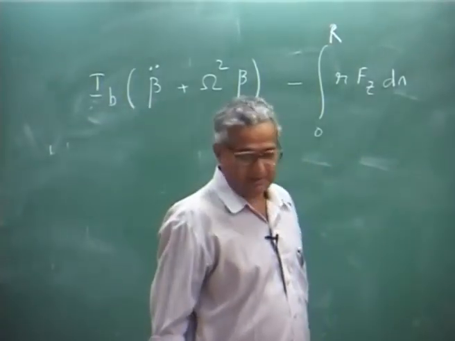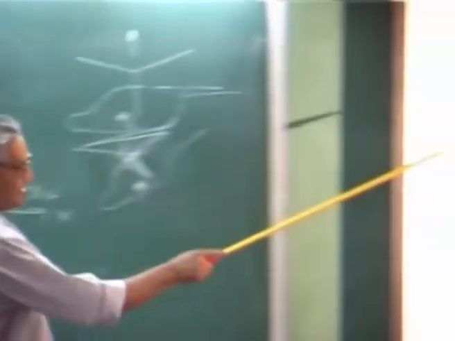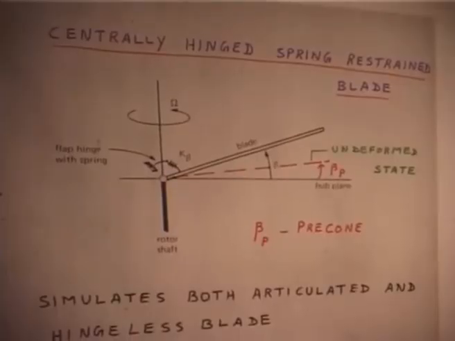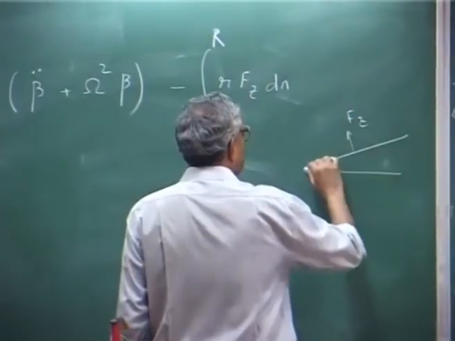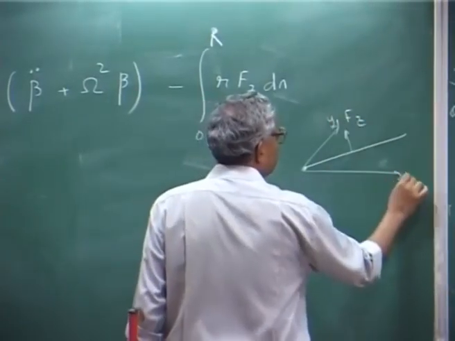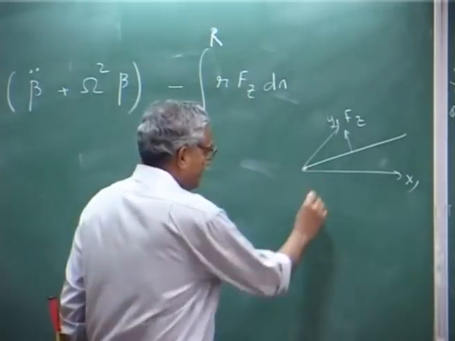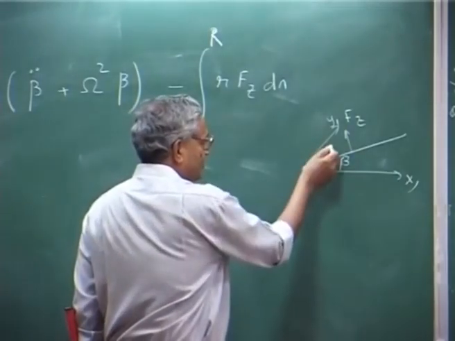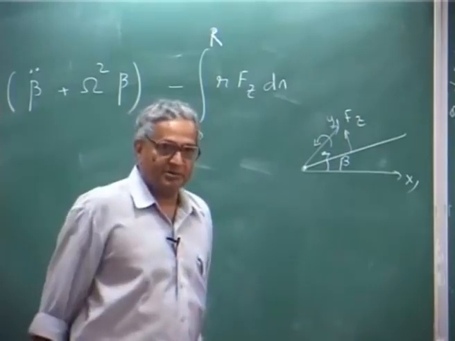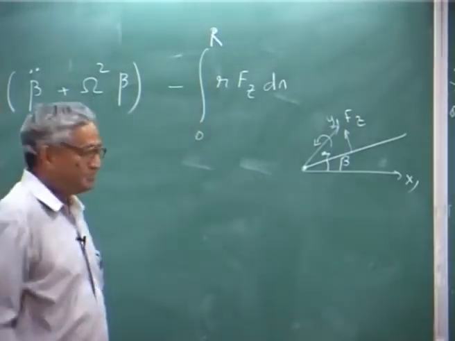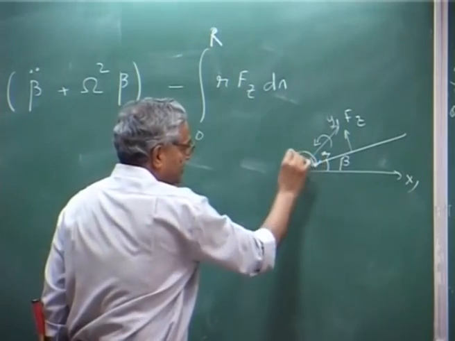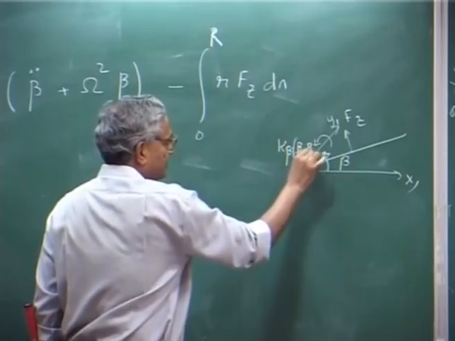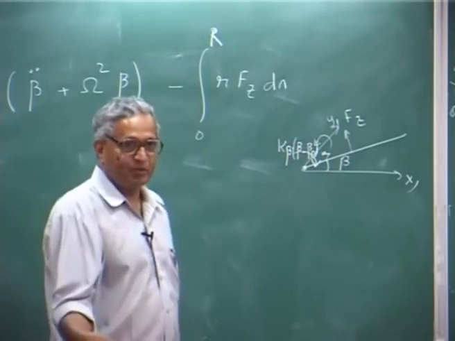This moment is clockwise, because the aerodynamic lift is this way. Okay. So, the lift is this way, F z, and this is my y axis, y 1, this is x 1, and this is flap, this is r. So, this moment from the y axis is clockwise, that is minus, but when the spring deforms, it will give a spring moment K beta into beta minus beta p, that will be counterclockwise, which is positive.